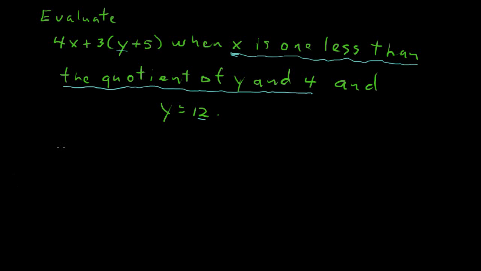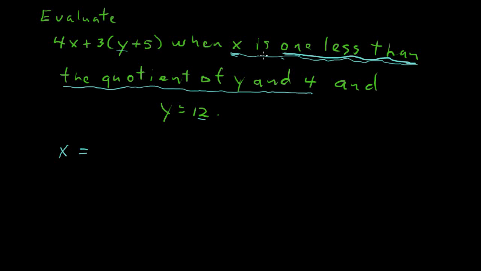So first it says x, so that's easy. We just write down x. Next word is, and as you might be saying, well, we know what is means: equals. And then there's this tricky little part here that says one less than.